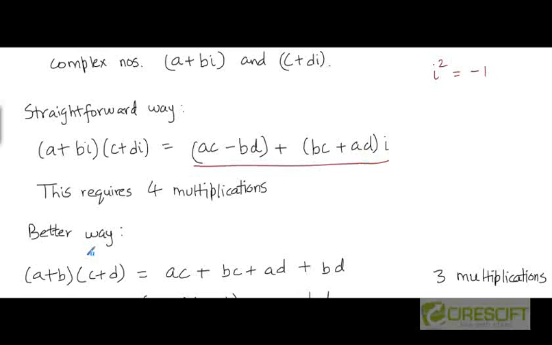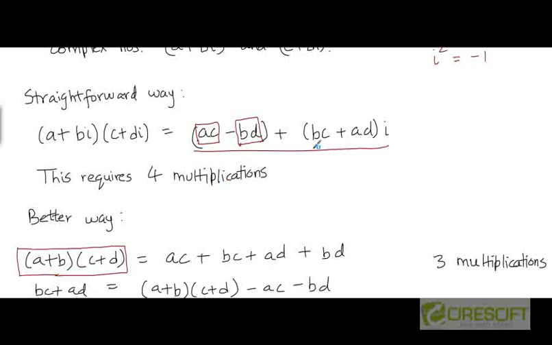But suppose we do this one multiplication, a plus b times c plus d, and suppose we calculate what a times c is and b times d is. So let's say we do these 3 multiplications.